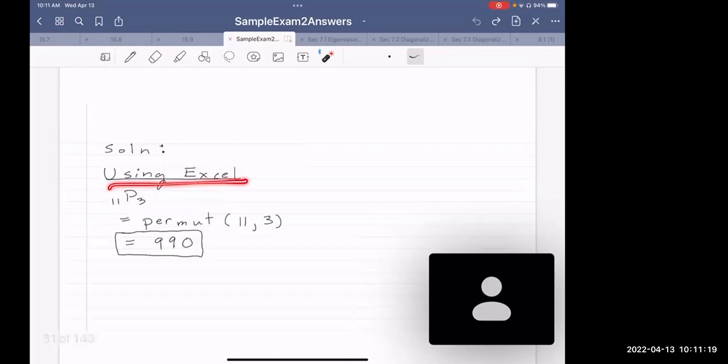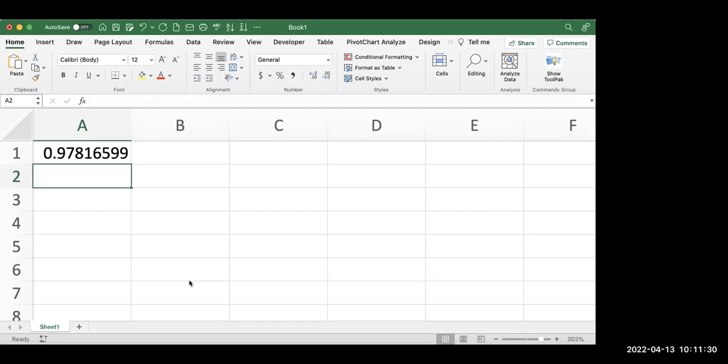I could also use Excel to do this. And so with Excel, I'll be using the command PERMUT(11, 3). So let me do that. And so I have here permute 11, comma 3.